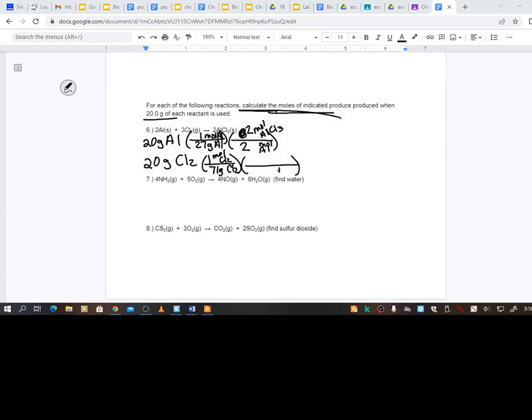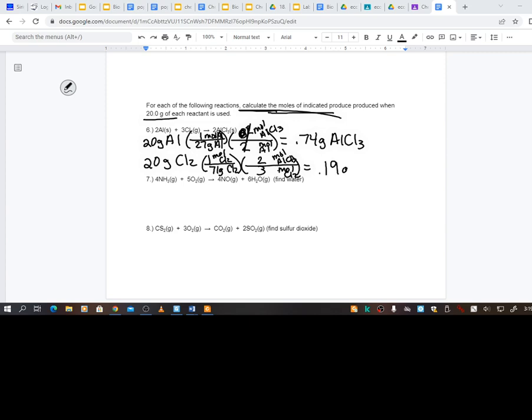So now I do my mole to mole, moles of chlorine, moles of aluminum chloride. Use my equation. Chlorine is 3, aluminum chloride is 2. So I'm going to take 20 divided by 27, and these two cancel out, so that's going to give me 0.74. And then over here, 20 divided by 71 times 2 divided by 3.